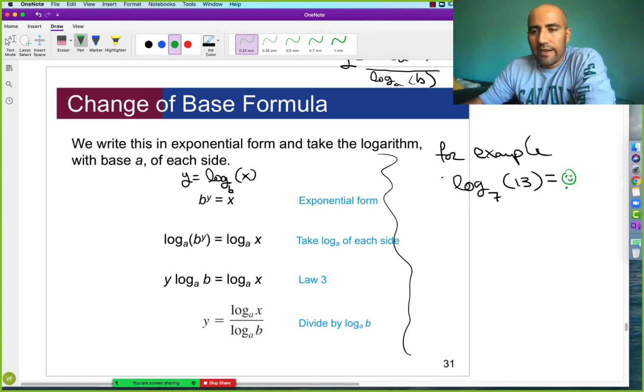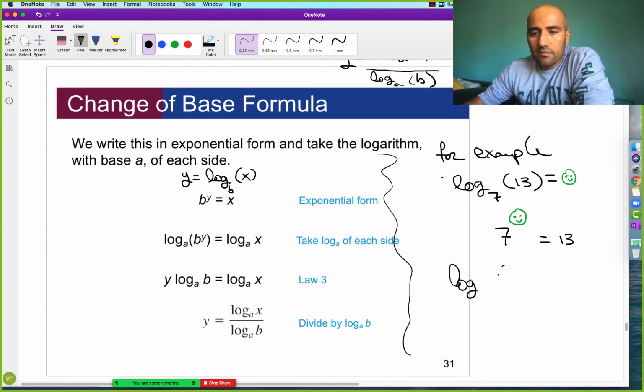And what's special about happy face? Well, happy face is a decimal number such that 7 to the power of happy face must be equal to 13. Okay? All right, well, I can take logs to both sides, log base anything. So I can apply log base 7 there, equals log there.